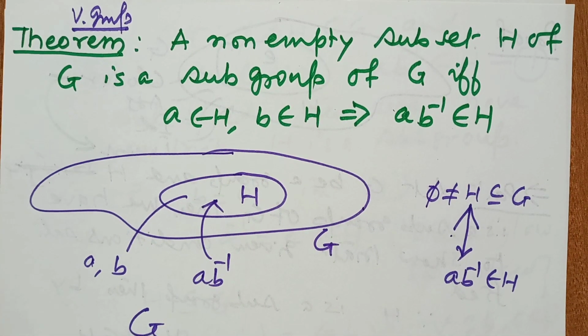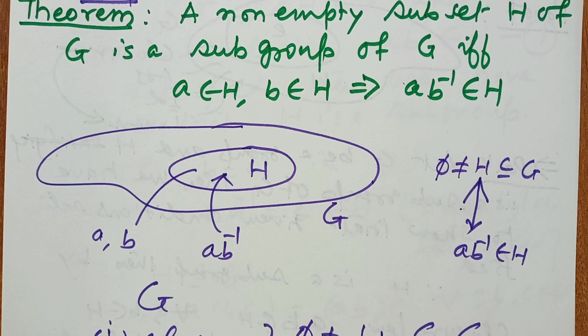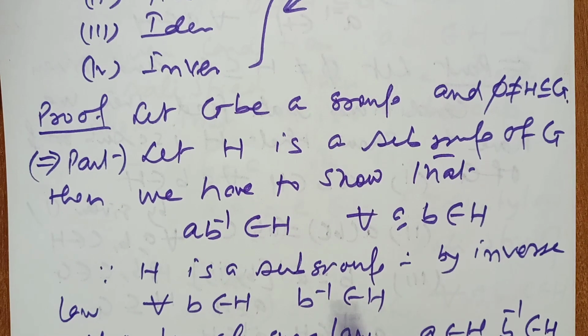Since H is a subgroup, in your mind H has four properties. So first we take A belongs to H, B belongs to H. By the inverse law, B inverse belongs to H, and then by the closure law, A B inverse belongs to H. It means the first part is established.